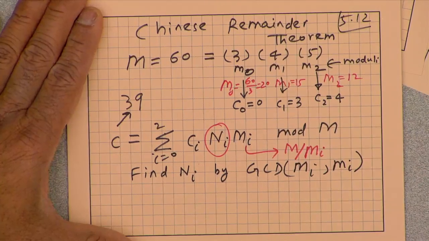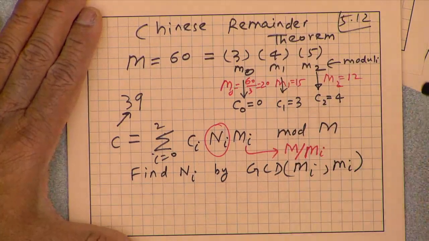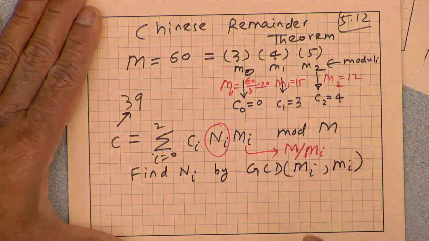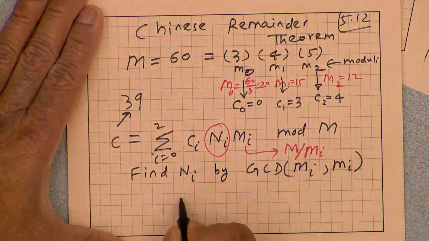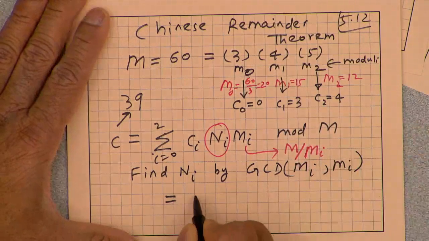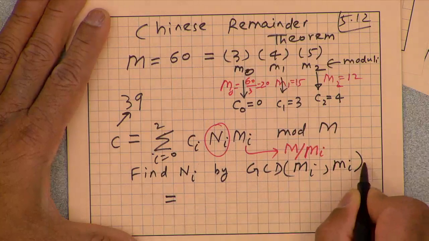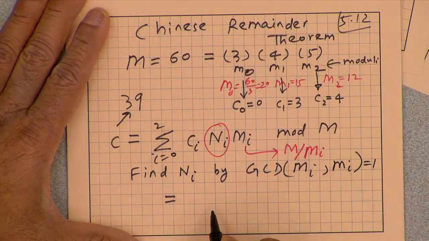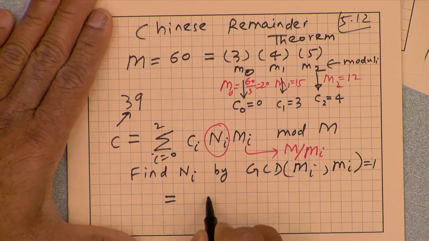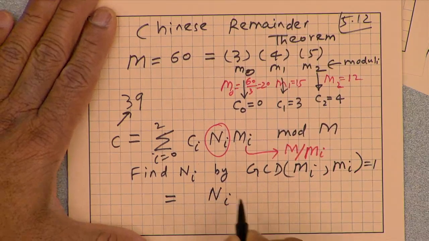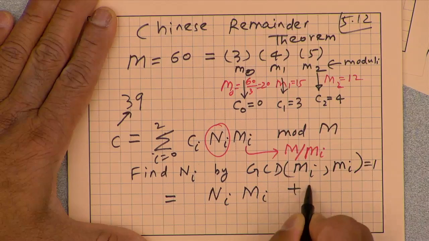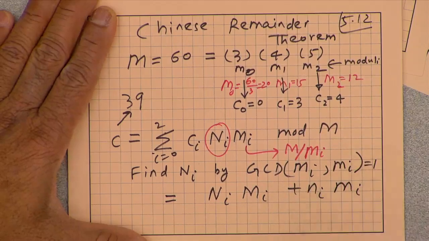These are all mutually co-prime, so I know that the GCD is 1. So try to express that as some integer Ni times Mi plus some integer times mi.